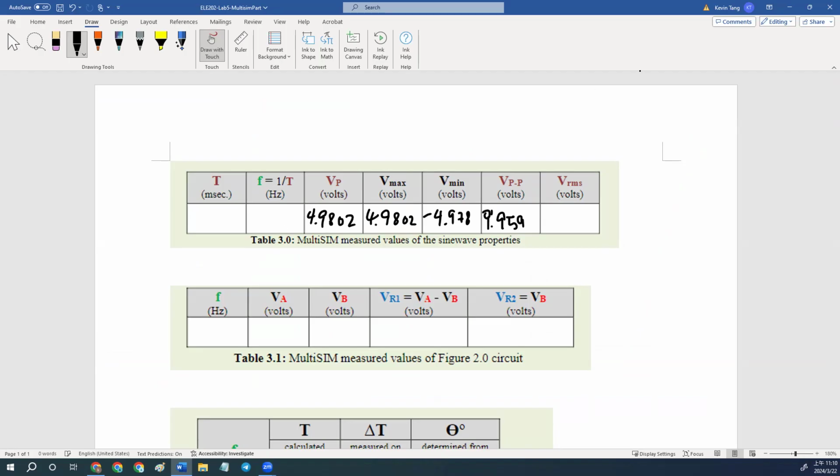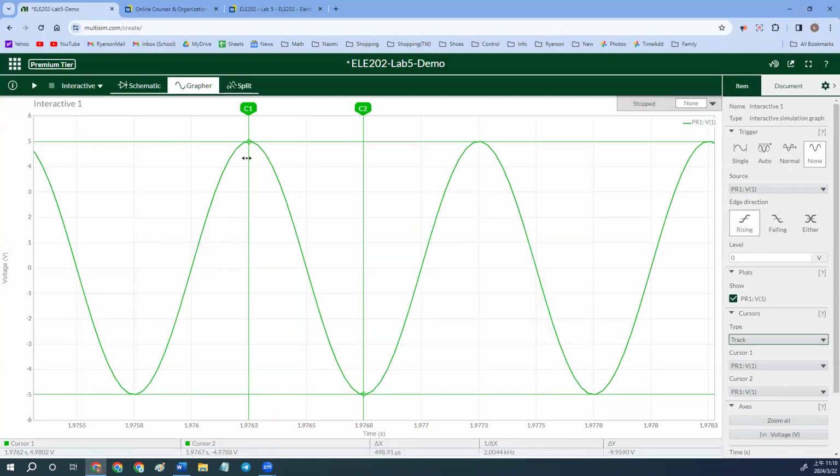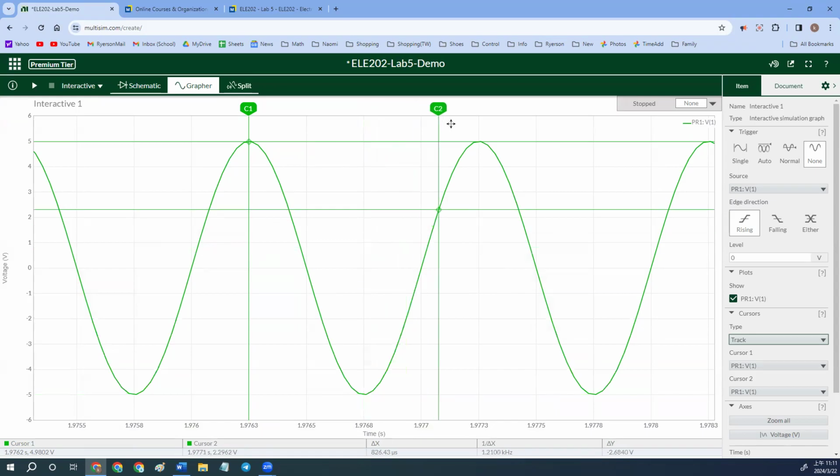4.9802. Okay, so period. What is period? It means the wave running for a full cycle, from this point all the way back to here. I'm sure everyone learned that in high school. So from this point to here, that's a full wave.